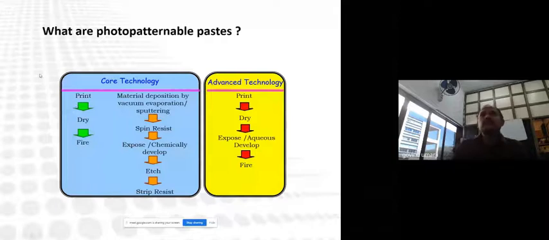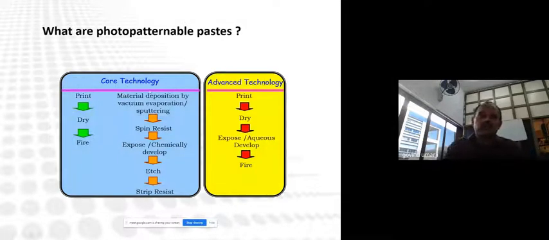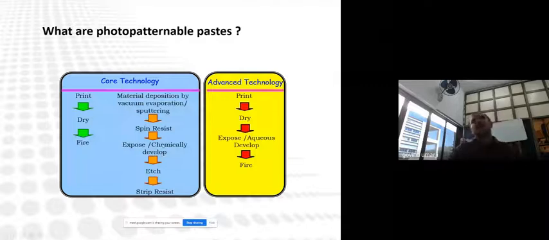So what is this photo patterning technology? There are two core technologies, as I said before: print, dry, and fire. And the conventional thin film technology uses a process where we deposit the material by vacuum evaporation or sputtering. Then you spin coat the photoresist, expose, and chemically develop it. After development, we etch the metal, then strip the photoresist.